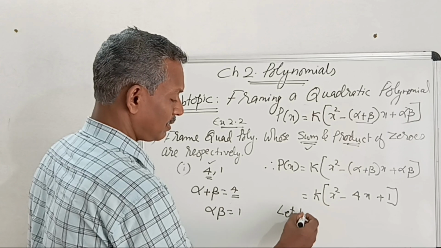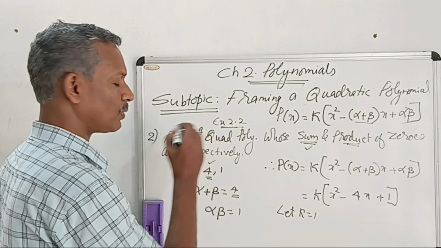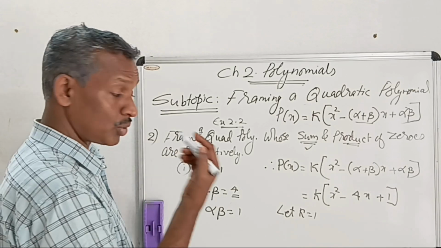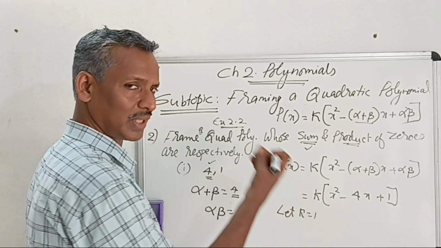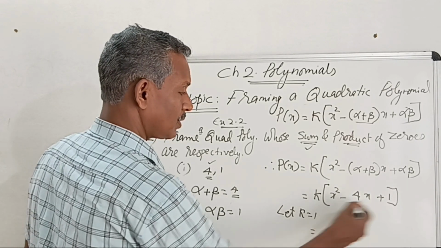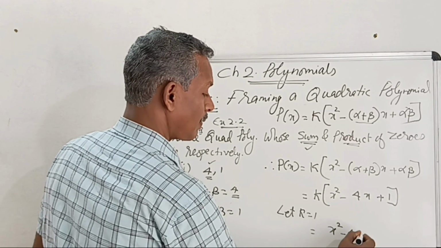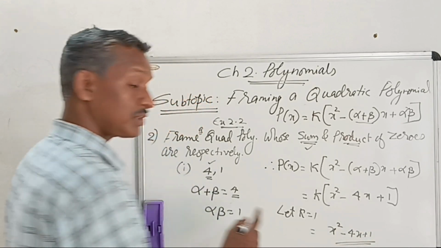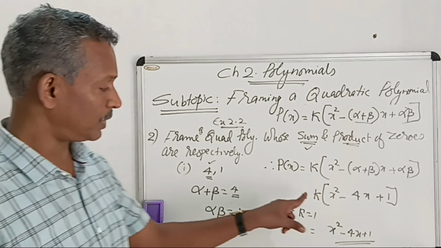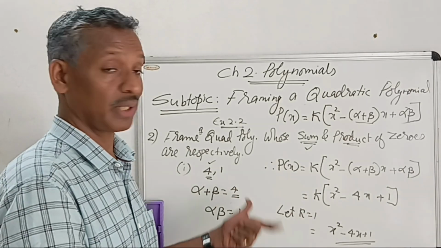Mostly we take k is 1 and we need a quadratic polynomial. Okay, one quadratic polynomial we have to make. You can take k's value to be any number. I am taking k is 1, there is no change, whatever is within the bracket is the same. This is one of the polynomials. If you put k is 2, you will get another polynomial. If you put k is 10, you may get another polynomial.